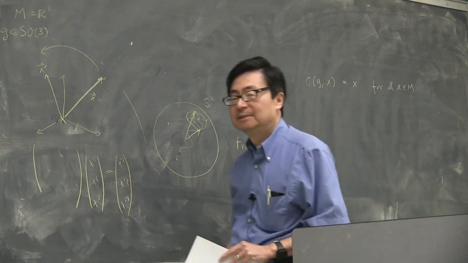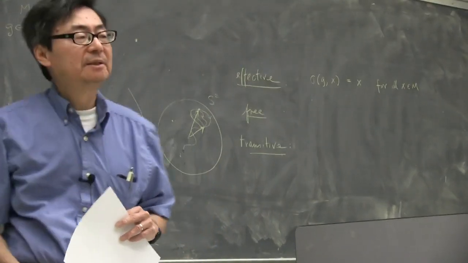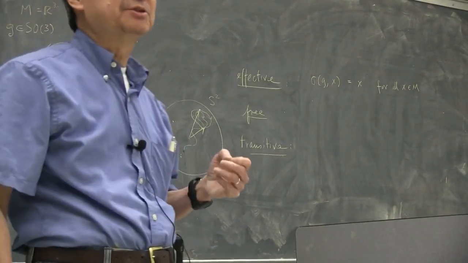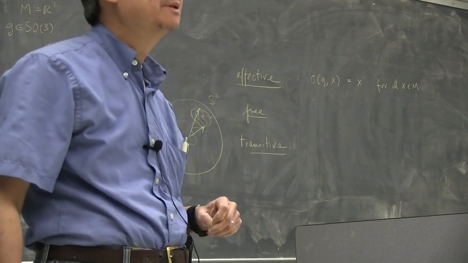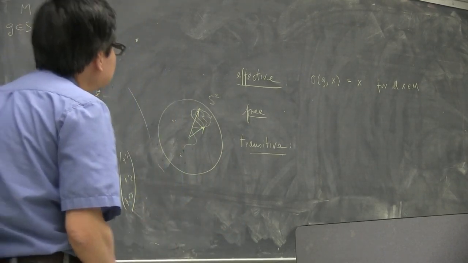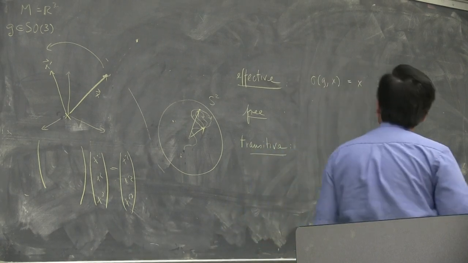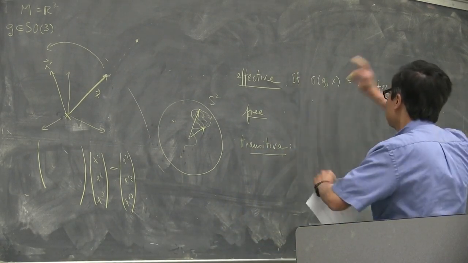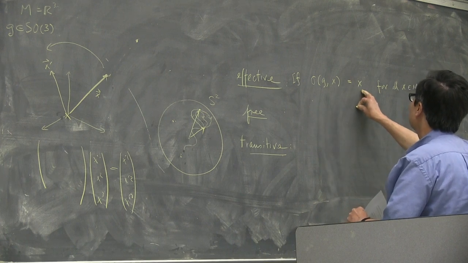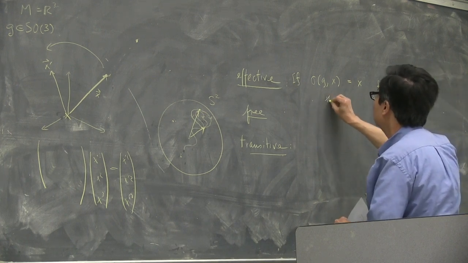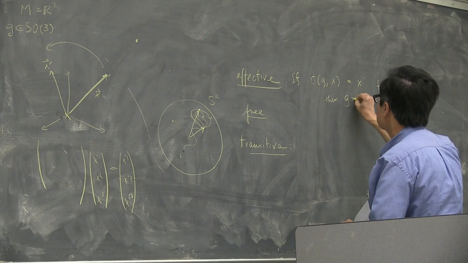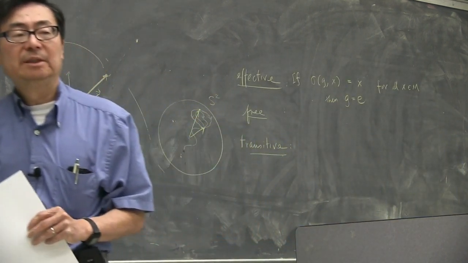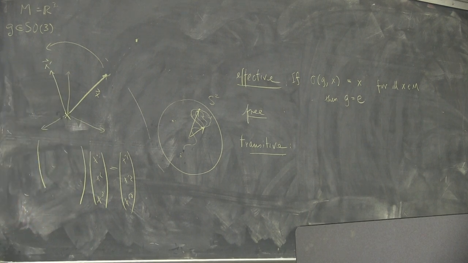Okay. Let's say there's some group element which always produces the trivial action on anything in M. The condition is this, the whole condition. If this is equal to x for all x in M, then G must necessarily be equal to E. If this statement is true, then the group action is said to be an effective action.